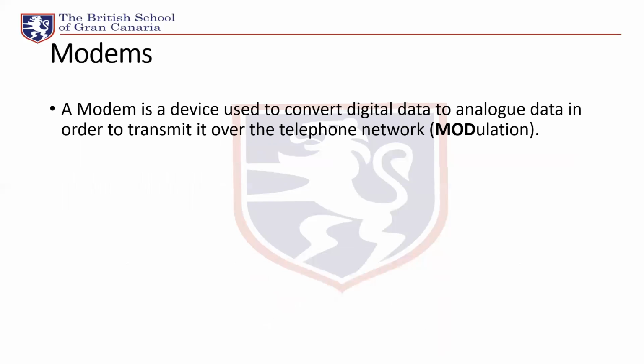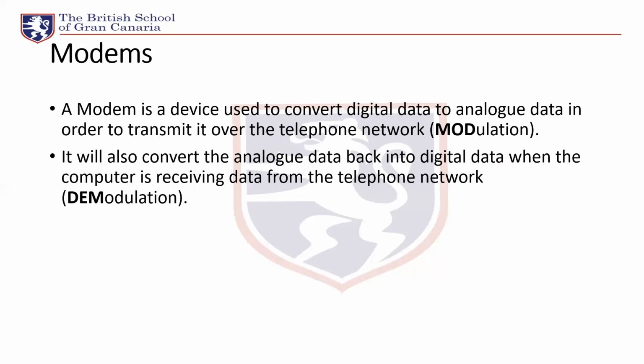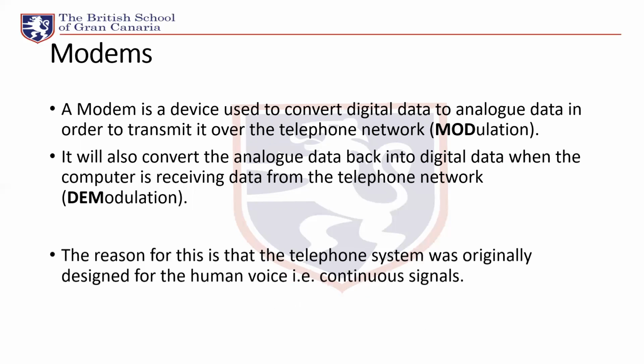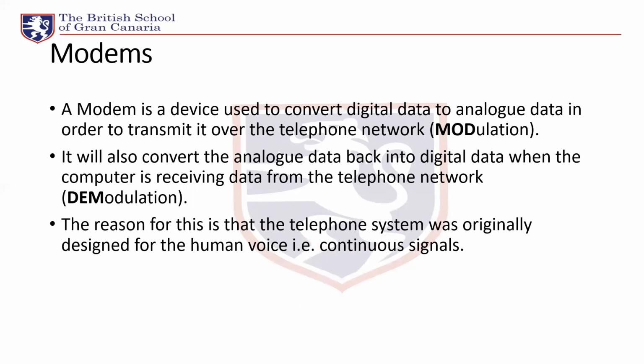Now, modems. This is a device used to convert digital data to analog data, which is transmitted over a telephone network. This is modulation. Then they convert the analog data back to digital data when a computer is receiving the data from the telephone network. This is called demodulation. This is why it's called a modem.